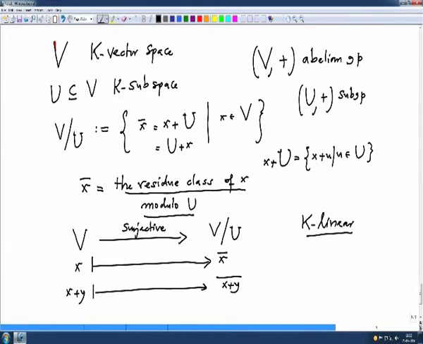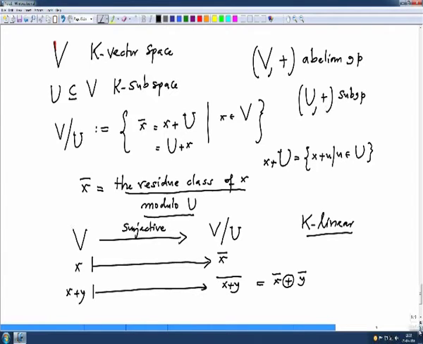And what we are asking is, when is this equal to x bar + y bar, for instance, and we are defining this plus. So obviously the definition is clear, we only need to check that it is well defined. That means it does not depend on the representative of this coset.